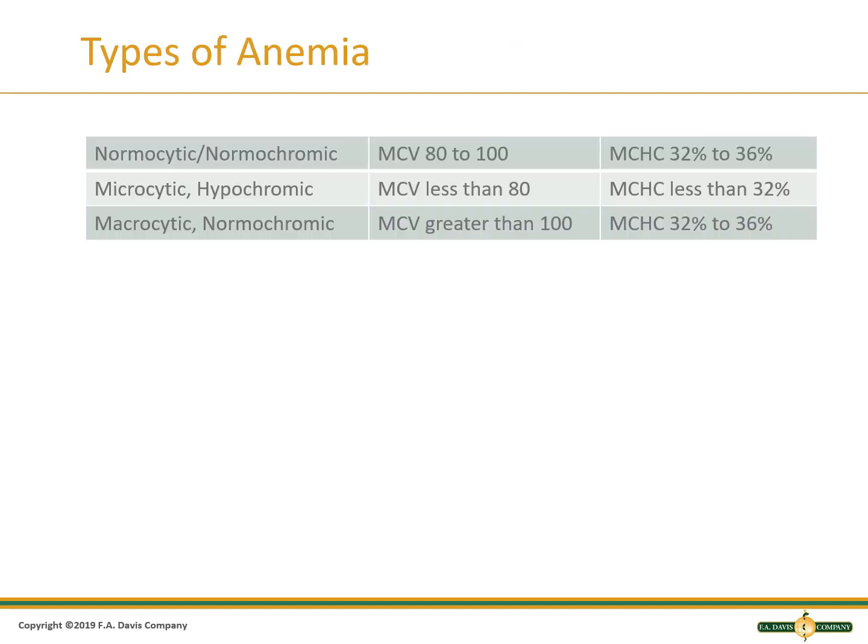This is a chart that kind of gives you an overview of different types of anemia as to how it may present, as far as how the red blood cells look and what the MCV or MCHC may be. So the top one, you have normocytic, normochromic. Norm meaning normal, and cytic meaning cell, normal size, and then normochromic meaning normal color.